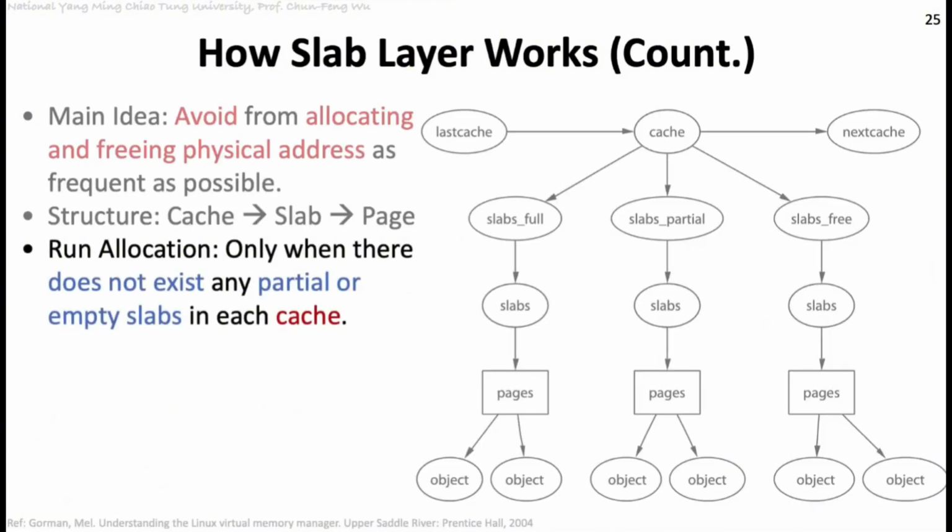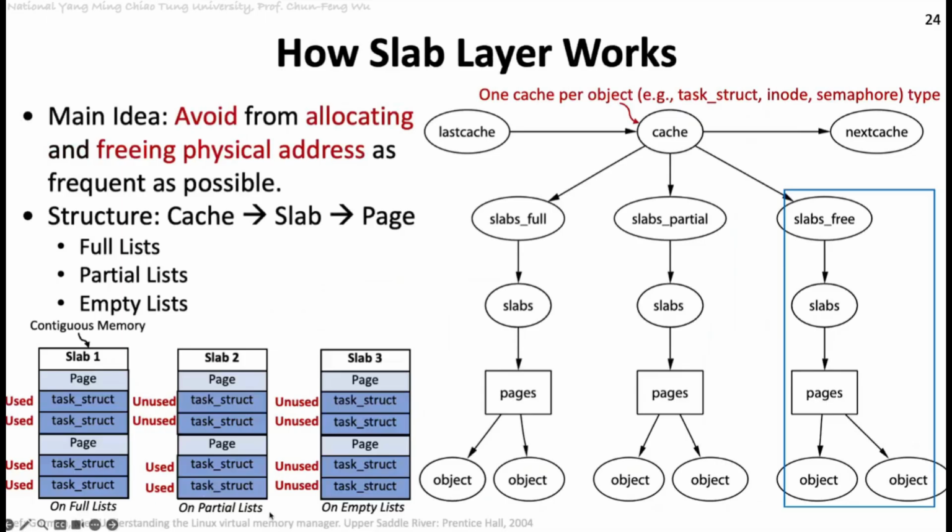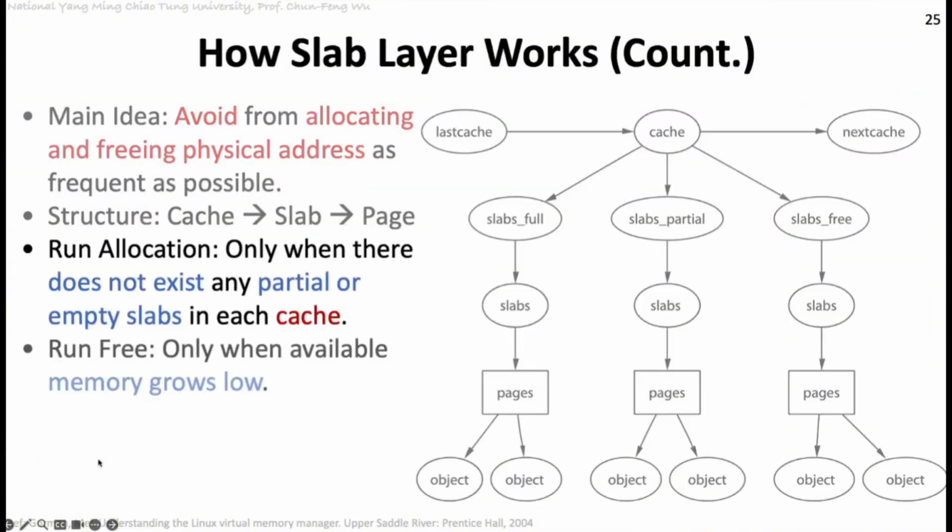Okay. So for allocation, only when there does not exist any partial or empty slab in the cache will we do a new allocation. Otherwise, if there are some partial or empty slabs, we can just directly reuse that space. We don't really need to do a new allocation for a slab.